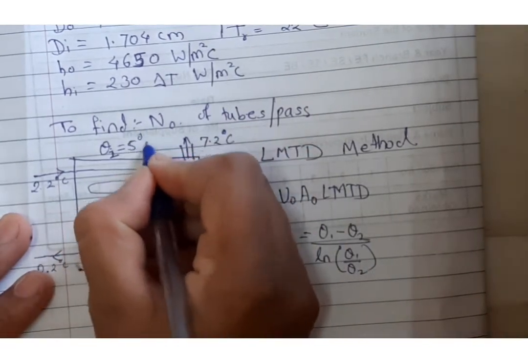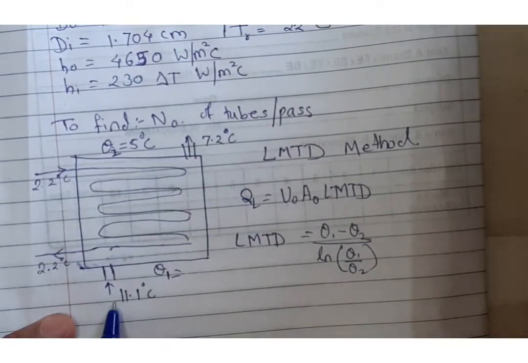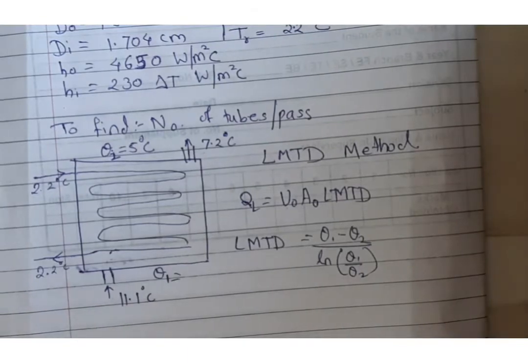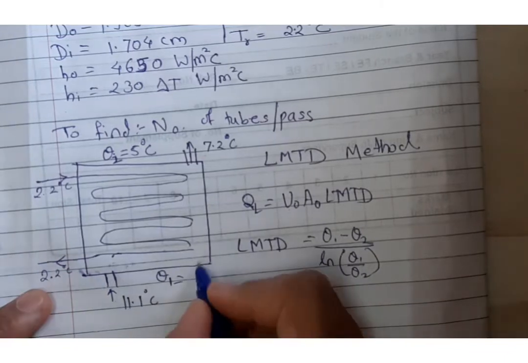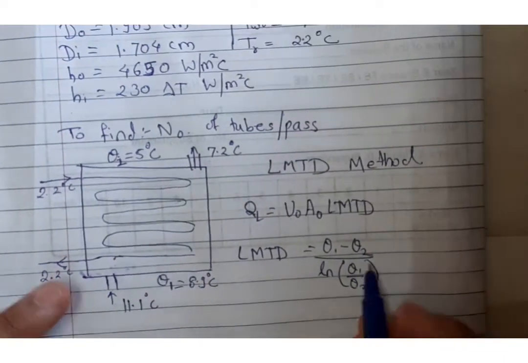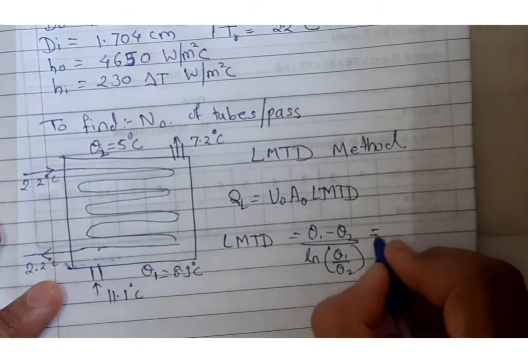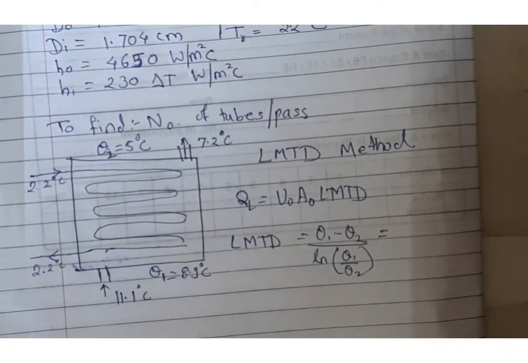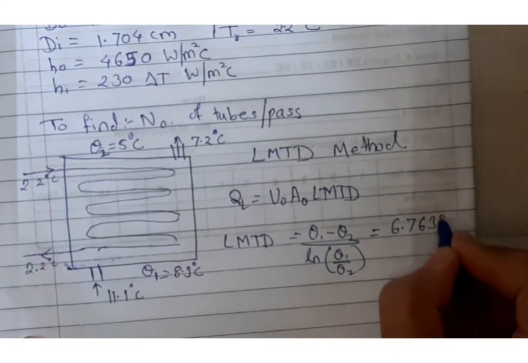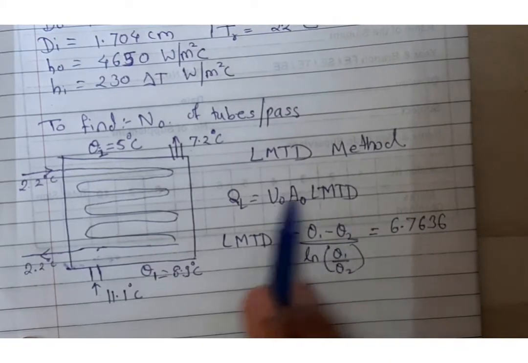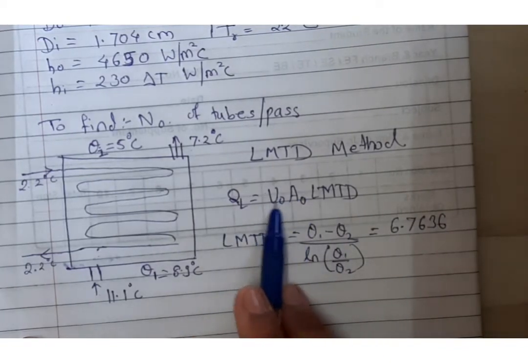So this is 5 degrees Celsius, and for this one, just a minute, let me take my calculator. So 11.1 minus 2.2, so 8.9. If we put all these values in this one, we will get this LMTD as 6.7636. Now LMTD is known to us, QL is known to us, so let's find UO.